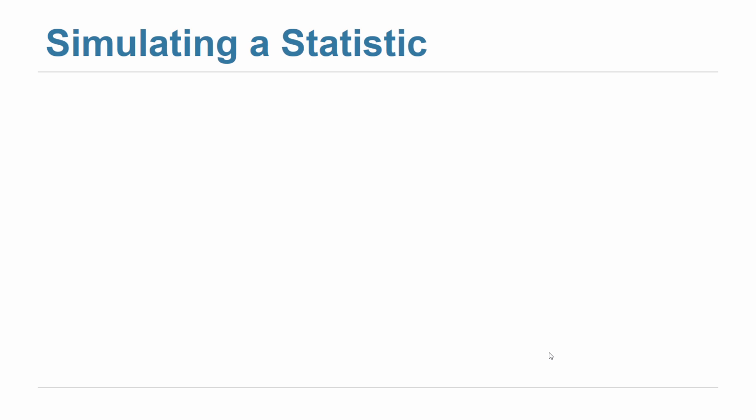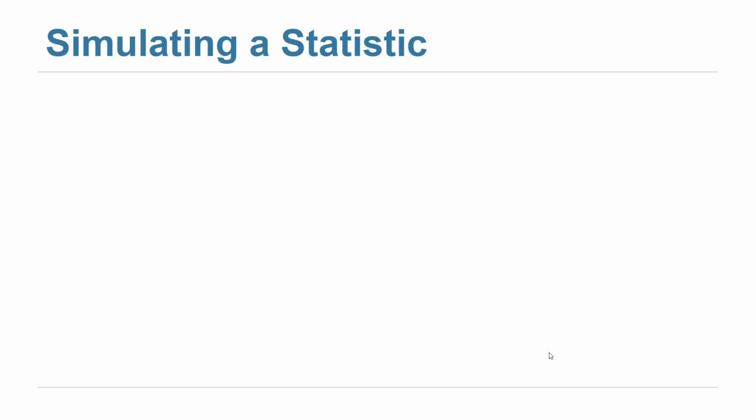Now, how do we simulate a statistic? We did that so many times before, right? There is a procedure to simulate a statistic. Can you remind me what that procedure is? We take one sample, and we compute the value of the statistic out of that sample, then repeat this multiple times, usually thousands of times.